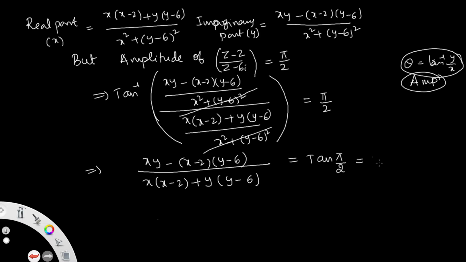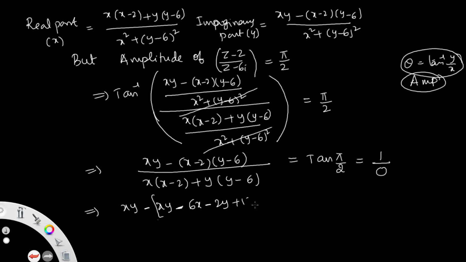Infinity can be written as 1 by 0. For convenience we simplify the numerator and denominator. Numerator: xy minus xy, next minus 6x minus 2y plus 12.